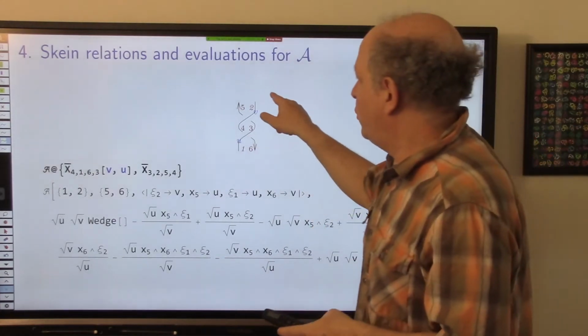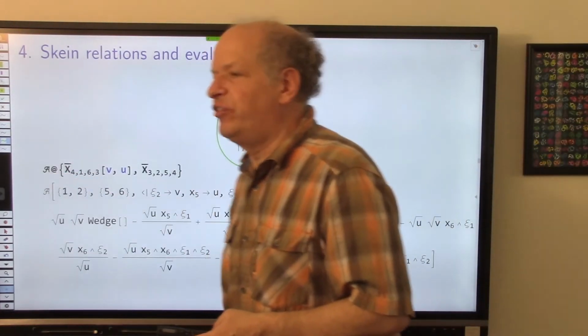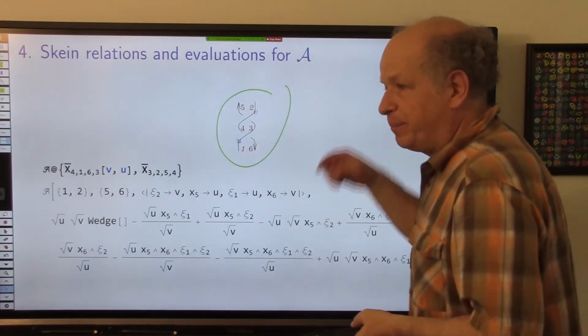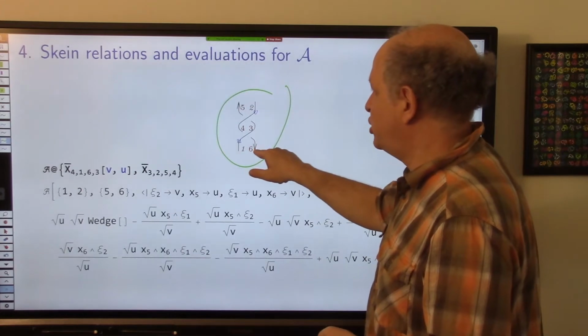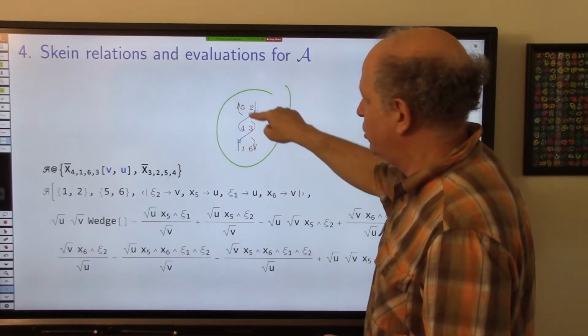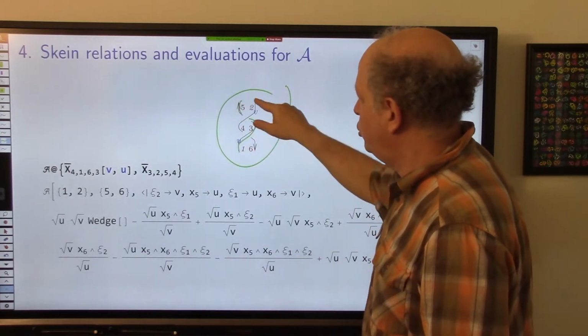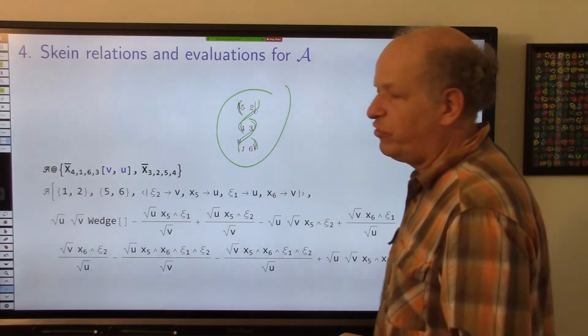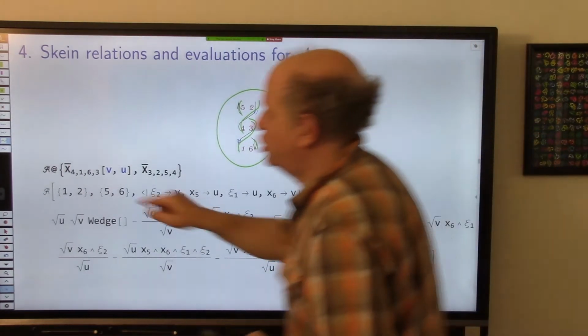So if you have a tangle, I can compute its A invariant very easily. Namely, I label all the edges 1, 6, 3, 4, 2, 5. I label the components by giving them colors. So this component is colored U and this component is colored V. I punch in the crossings.